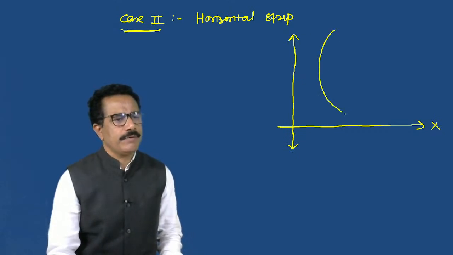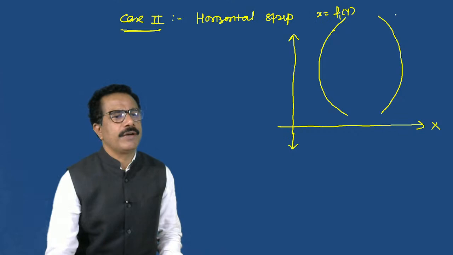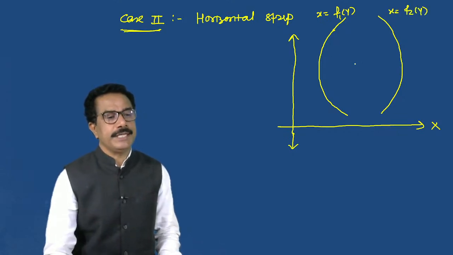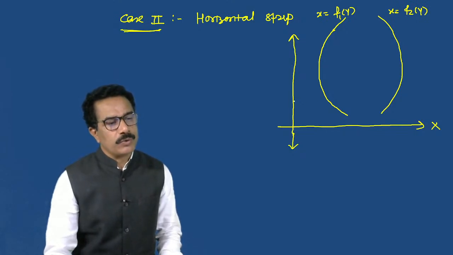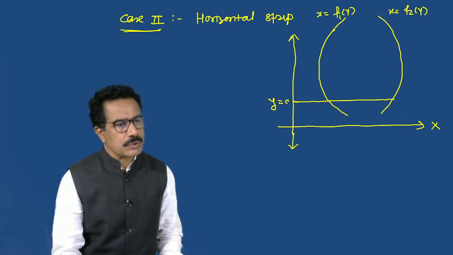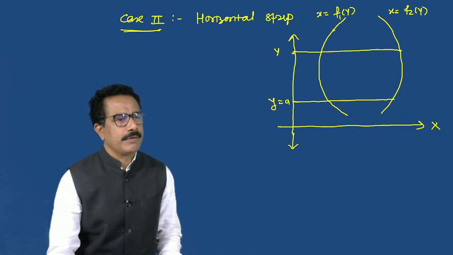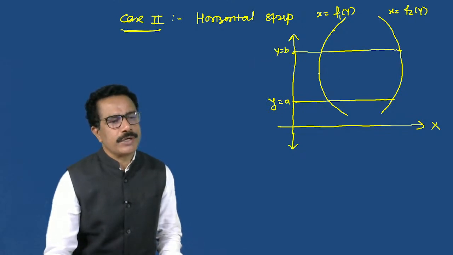Suppose this is a first function, denoted by x is equal to f1 of y, and this is another function, x is equal to f2 of y, means functions which are in terms of y, and we have to take the area bounded by y is equal to a to y is equal to b in this way. Here in this case we have considered the horizontal strip.